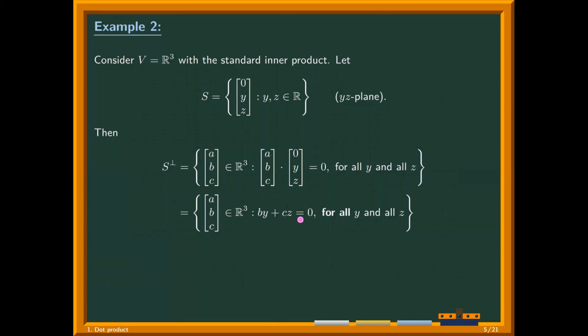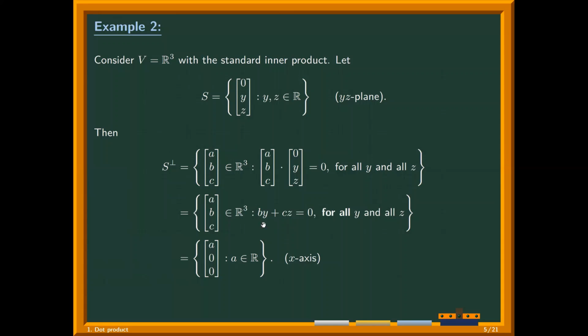Because y and z are arbitrary, the only values for b and c for which this entire statement is true is where both b and c are 0.